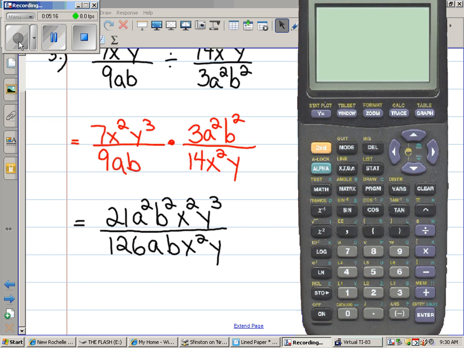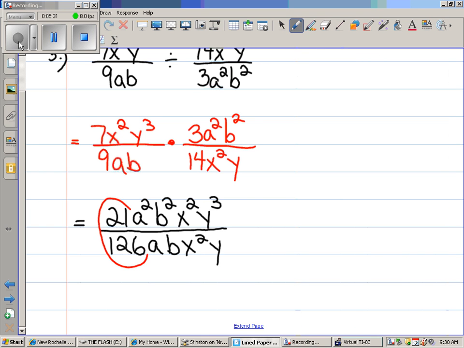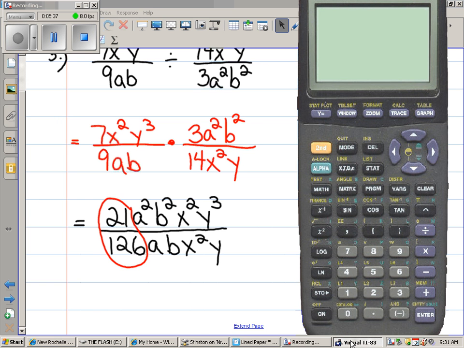Guys, who remembers how to reduce stuff in their calculator? How do you reduce this down? We're just going to reduce this numerical aspect of the fraction, because the rest of it is all variables. You can't plug those into the calculator. Who got the answer?